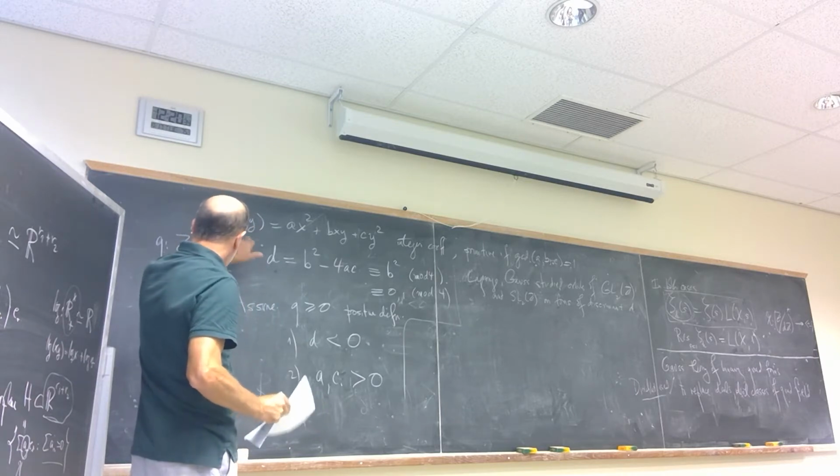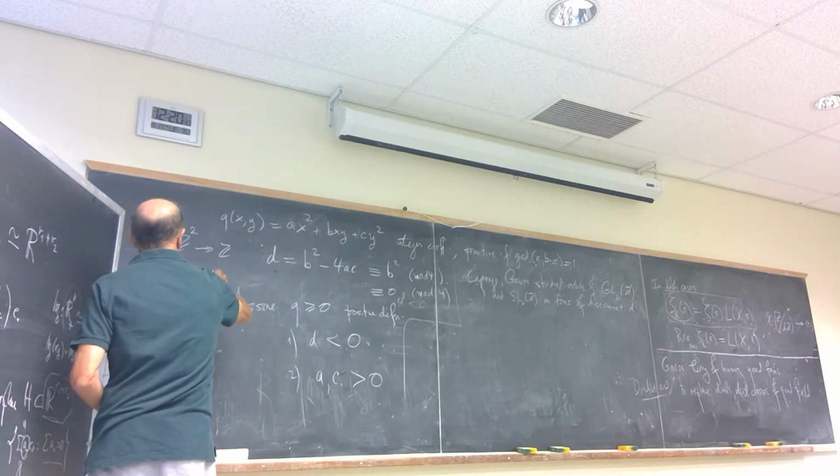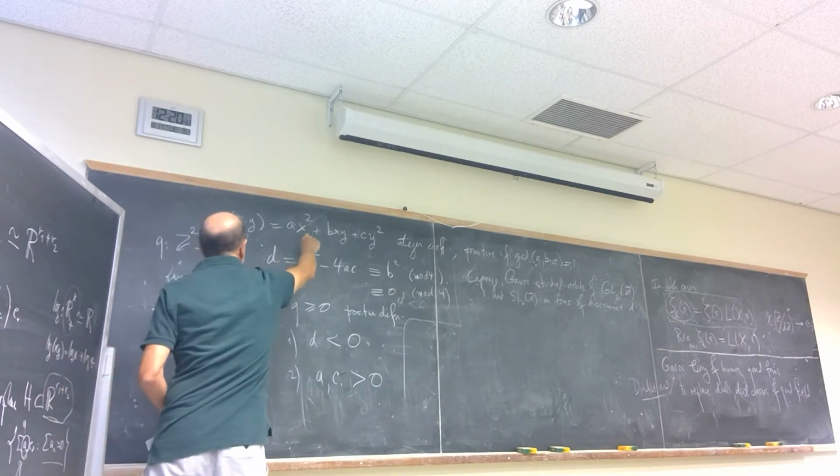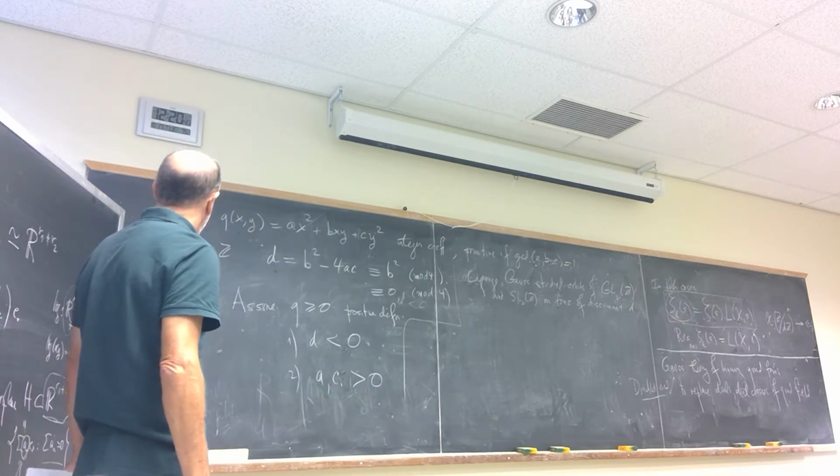Where it's just all things in the form x e1 plus y e2, and you apply that quadratic form, you get this value, and positive definite means it takes positive values.